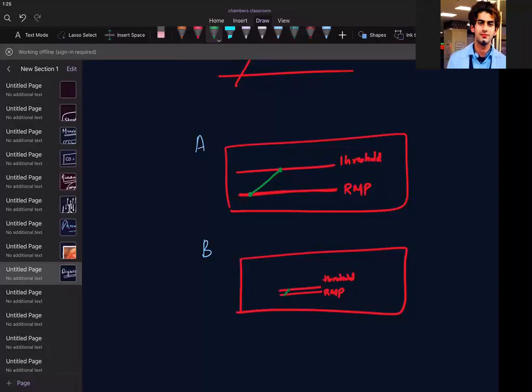I will achieve the threshold potential much more easily and quickly, as compared to the above, where the threshold potential is far from the resting membrane potential. It will take me some time to reach minus 45. We have learned it: minus 70 to minus 45, minus 90 to minus 45.